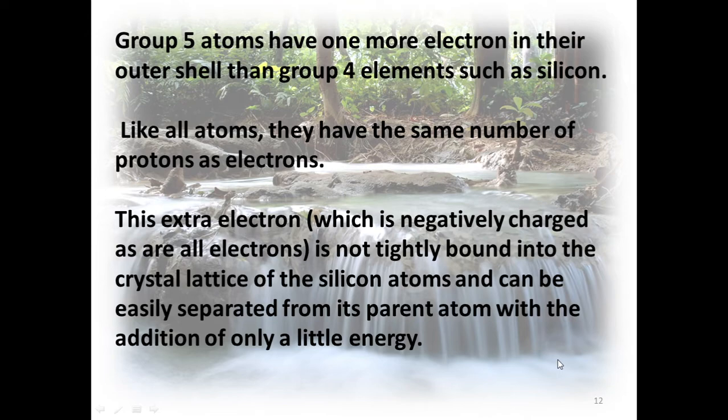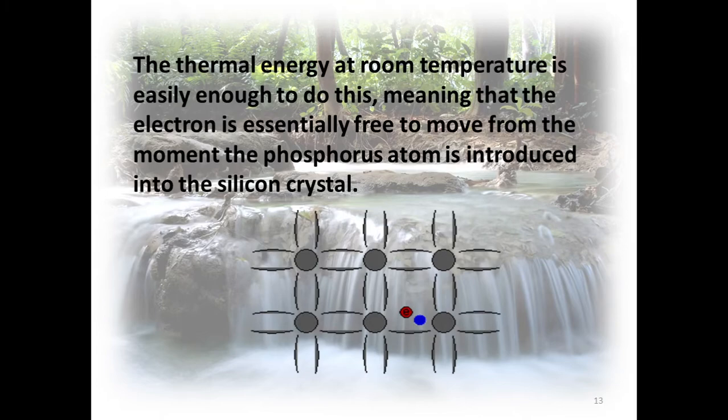This extra electron, which is negatively charged, is not tightly bound to the crystal lattice of the silicon atom and can be easily separated from its parent atom with the addition of only a little energy. Thermal energy at room temperature is easily enough to do this, meaning that the electron is essentially free to move from the moment the phosphorus atom is introduced into the silicon crystal.